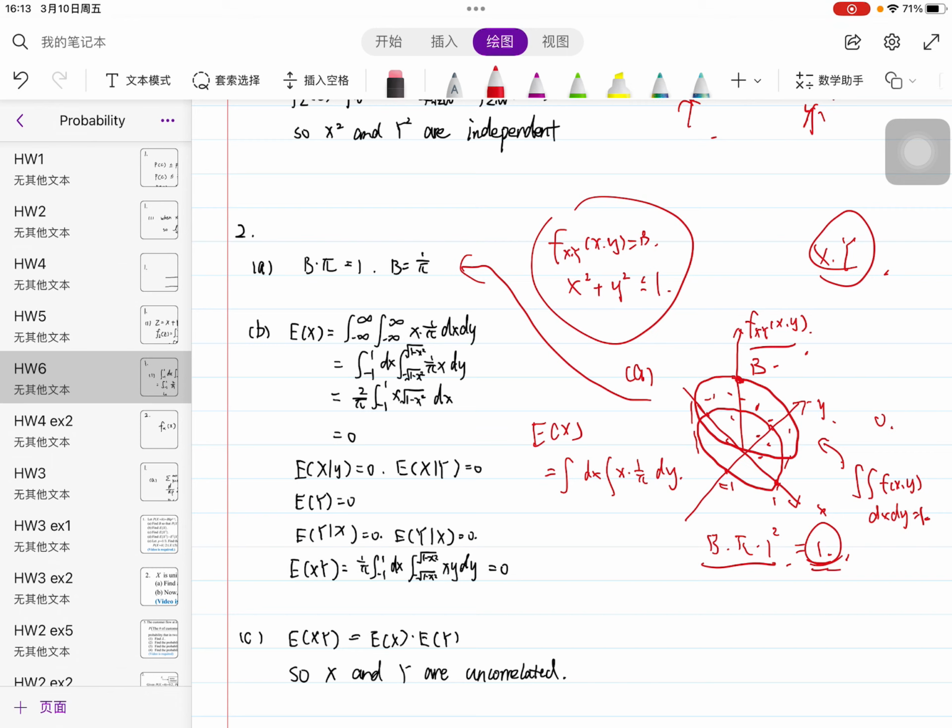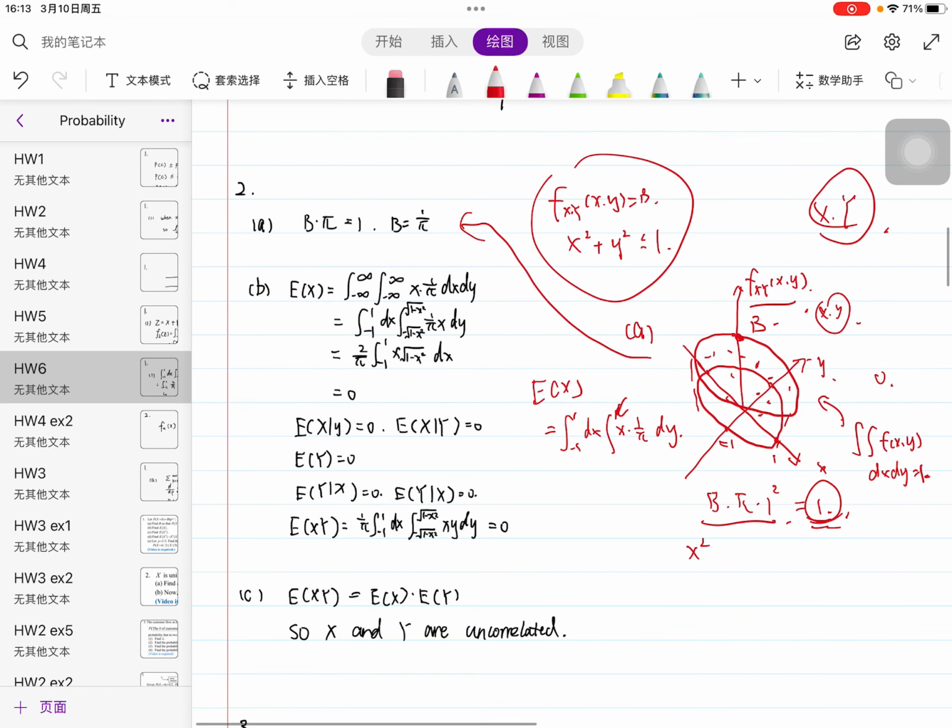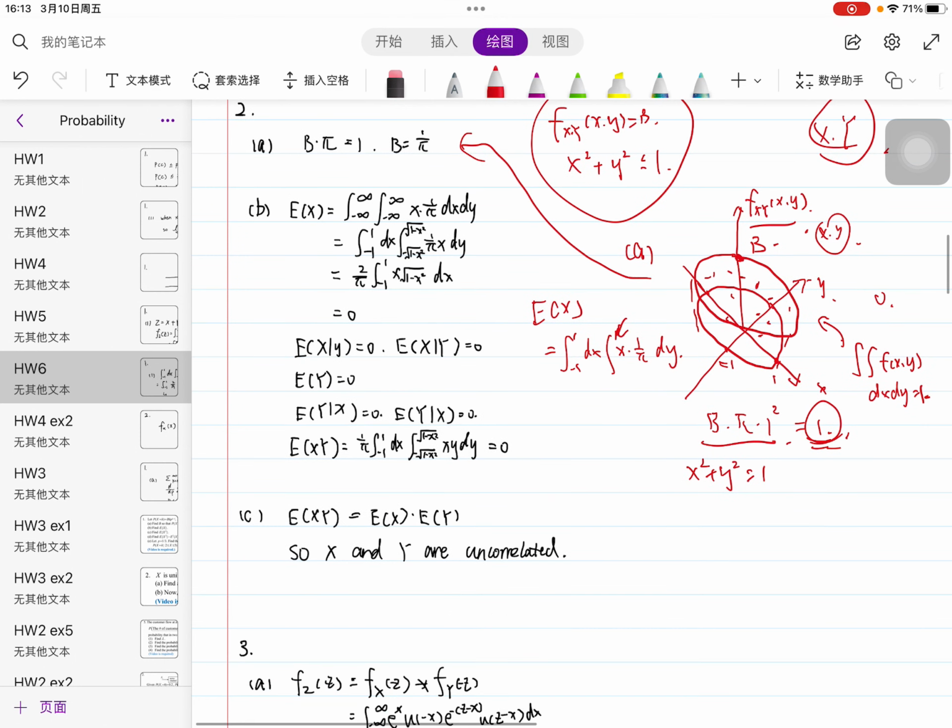And since the limits of x and y form a circle, the upper limit for x is 1, and the lower limit is minus 1. For y's limit, we take 1 minus x to the power of 2, and we take the root on the left and right, so the upper limit is the square root of 1 minus x to the power of 2.